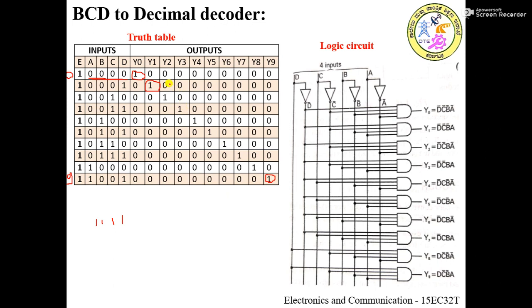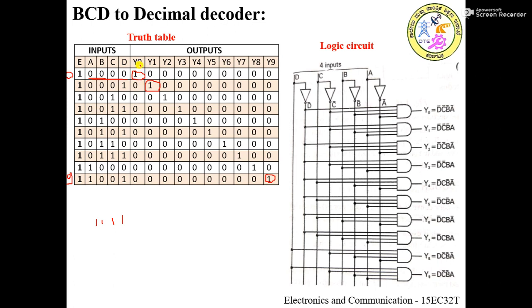Now we are supposed to write the logic expressions for these 10 outputs. The logic expressions are written by following the standard procedure that we followed in the previous cases. You are supposed to look for a combination for which the output is not 0.